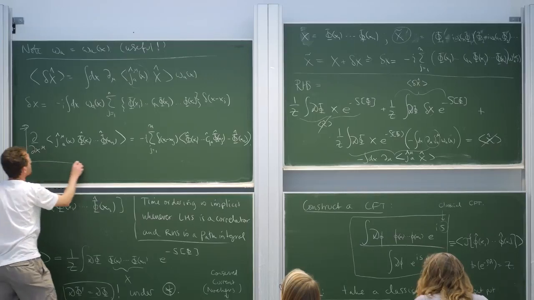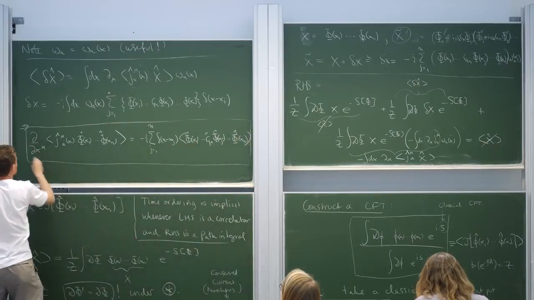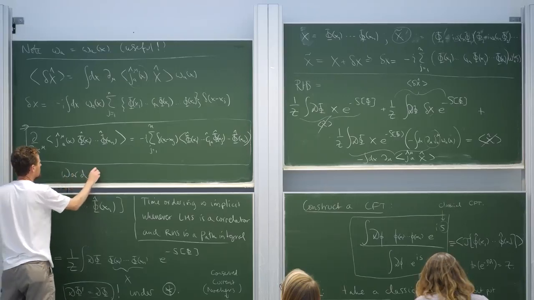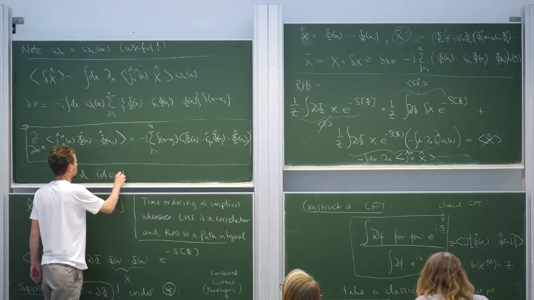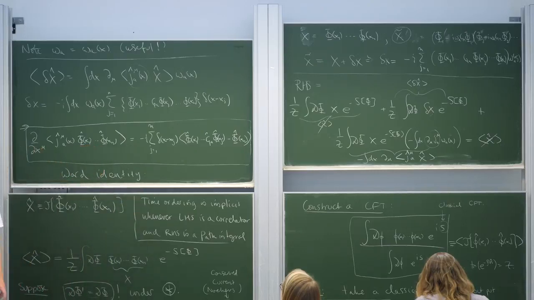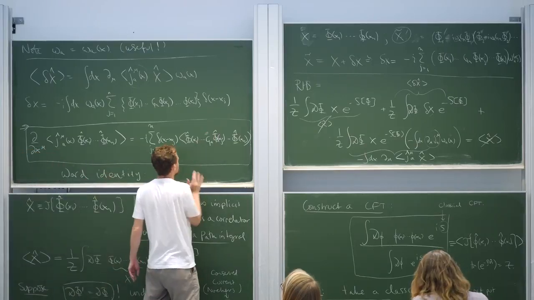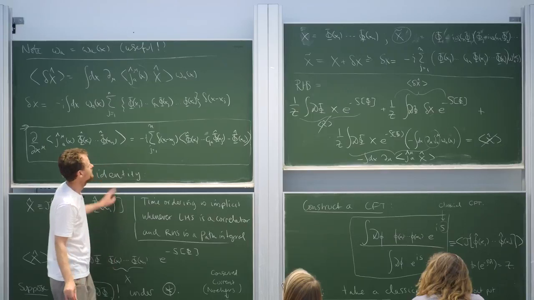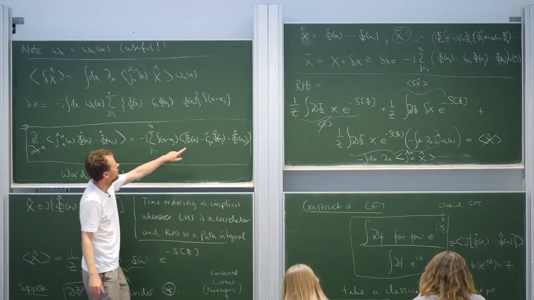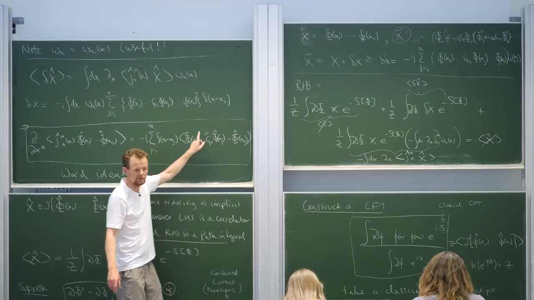So this formula here goes under the name of the Ward identity. It's our principal tool for quantizing symmetries and showing us how symmetries are implemented on quantum correlation functions.